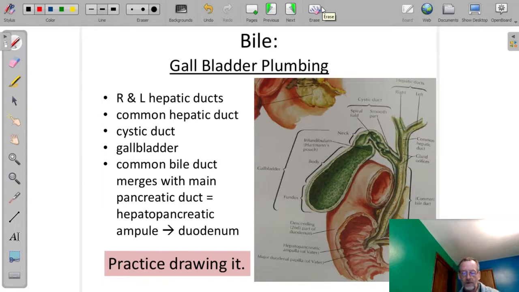So here's the plumbing of the bile system and the gallbladder connecting to the small intestine that I would like you to be familiar with. So here are the hepatic ducts, if you can't read that again.